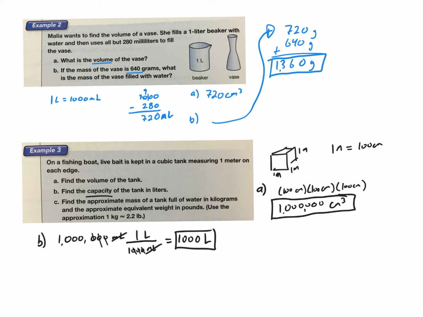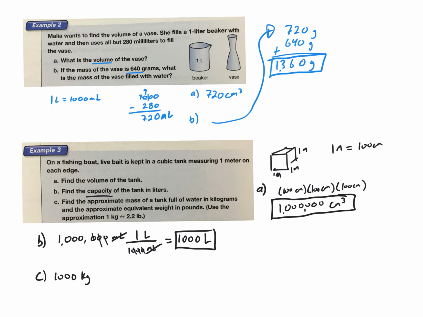And then part C, it says find the approximate mass of the tank full of water in kilograms and the approximate equivalent weight in pounds. So remember that 1 liter is the same thing as 1 kilogram. So for part C, I would have 1,000 kilograms.